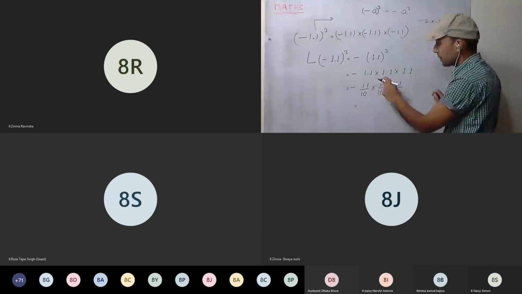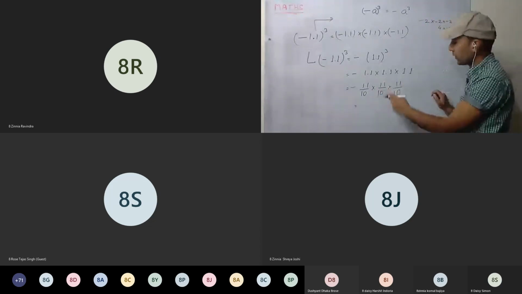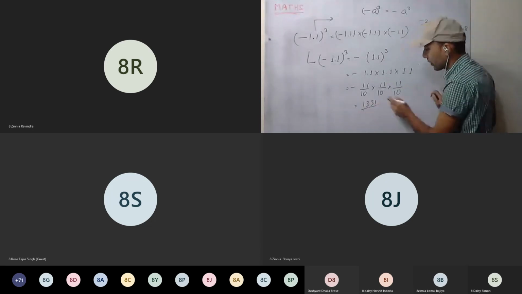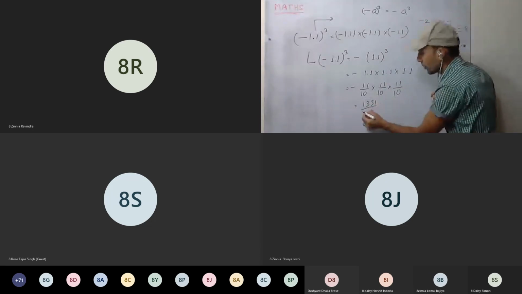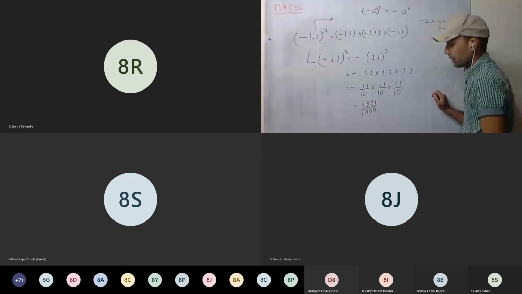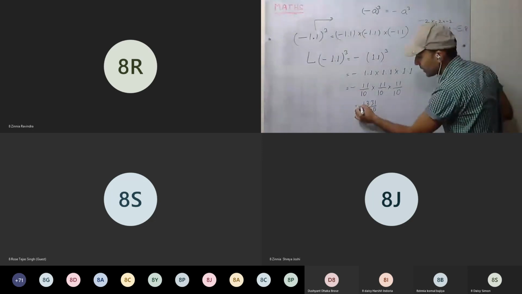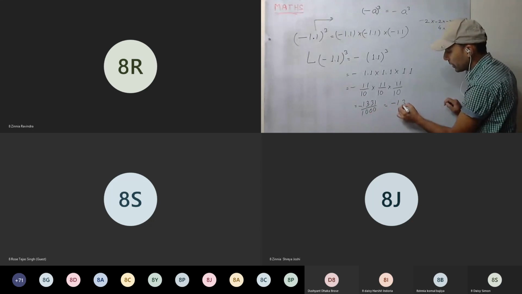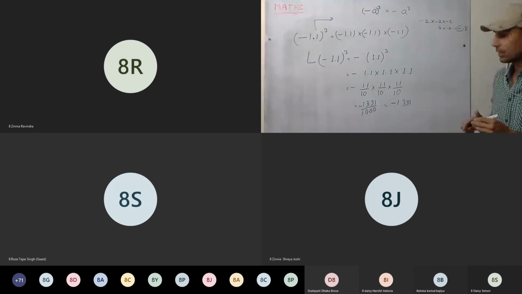Now multiply them. 11 into 11, 121. 121 into 11, 1331. Divided by 10 cubed, it will be 1000. And the minus sign is there, put the minus sign. It will be how much? Minus, 3 decimal places, 1.331. Is this clear?